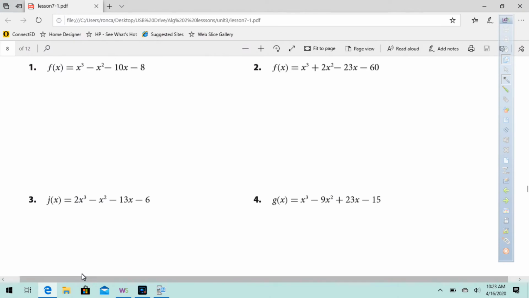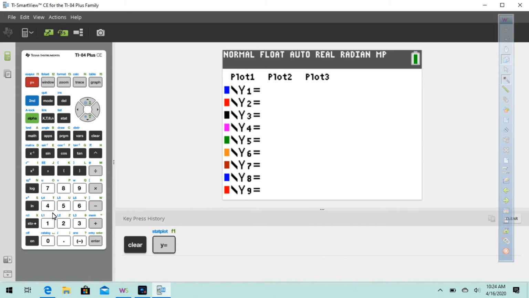I've got x cubed plus 2x squared. Let's see here. Where's the x at? There it is.